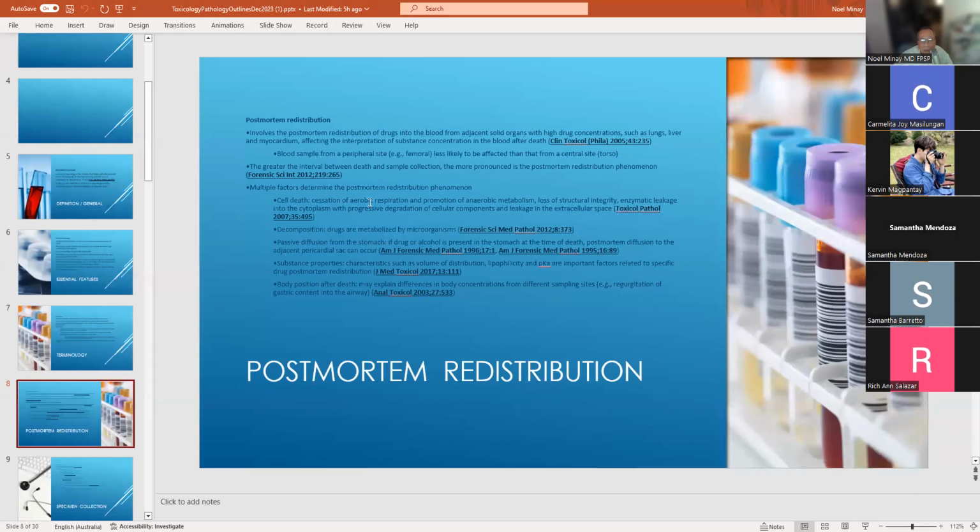Now, where are we? So, there are multiple factors, and among them is cell death. Cessation of aerobic respiration and promotion of anaerobic metabolism, loss of structural integrity, enzymatic leakage into the cytoplasm with progressive degradation of cellular components and leakage of extracellular material.